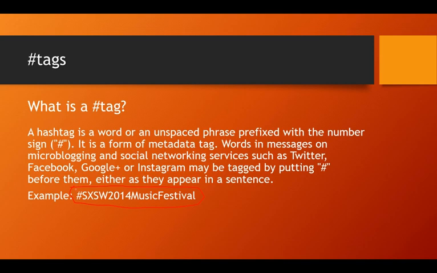Okay, so in a way, it's a way of tracking the conversation online. So someone can just go type in pound and the keyword and pull up a whole list of all of the conversations that are the result of that tag, basically.